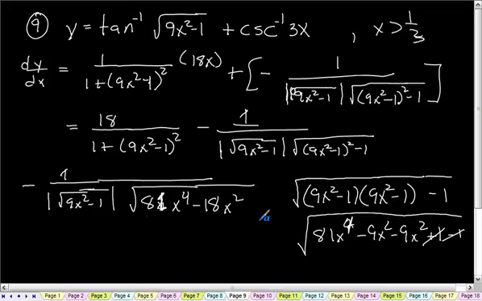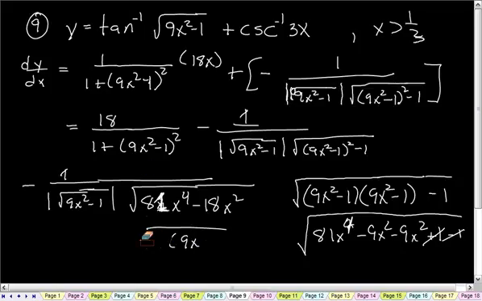Does 81, let me check real quick, 81 divided by 18? I think so. 4.5, no. That's odd. Okay, I'm going to pull out a 9. I'll pull out a 9 out of the 81, and a 9 out of here, and the x to the second also.